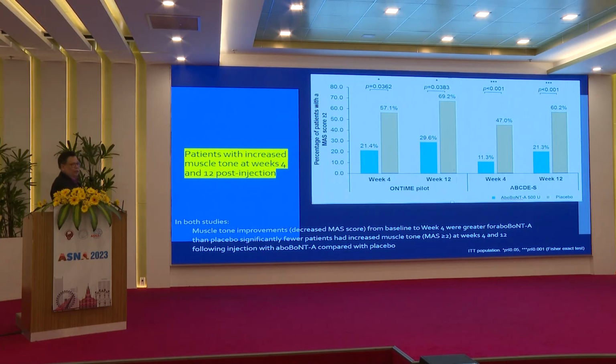Can we delay botulinum toxin re-injection in patients with post-stroke spasticity? That was the research question for on-time trial. The research question for ABCDES is, can botulinum toxin impact on the post-stroke spasticity-related hypertonicity with early intervention?